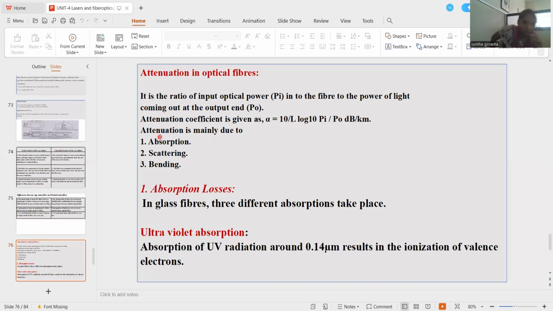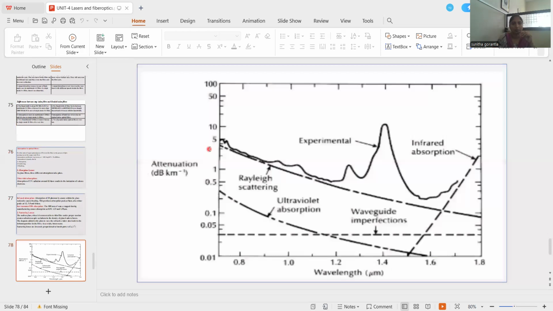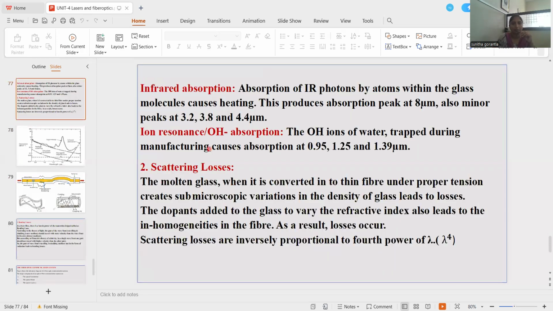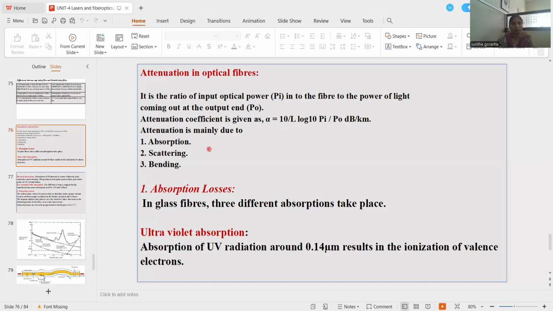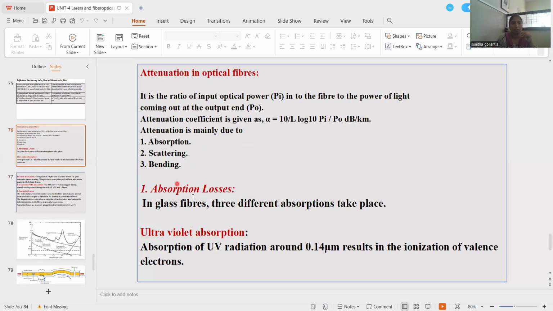Now, the attenuation is mainly due to three reasons: absorption, scattering, and bending. Absorption losses in glass fibers involve three different absorptions. First, ultraviolet absorption: absorption of UV radiation around 0.14 micrometer results in the ionization of valence electrons.